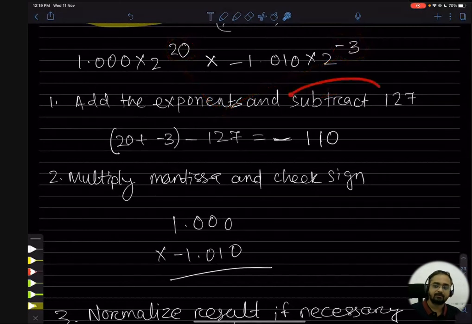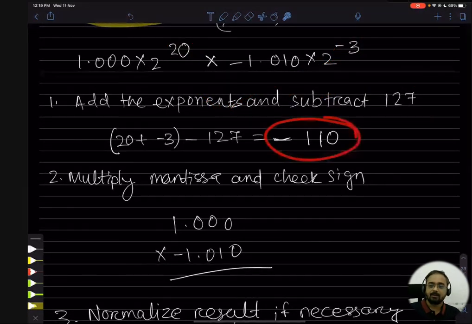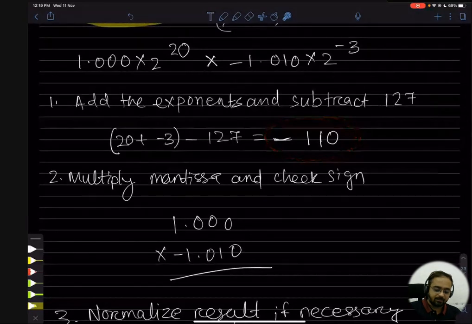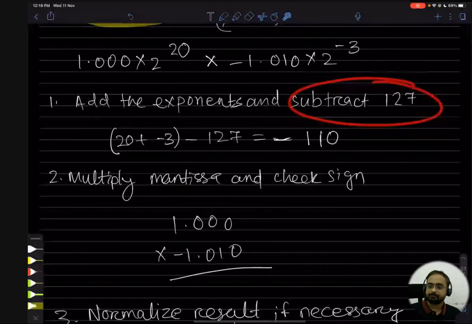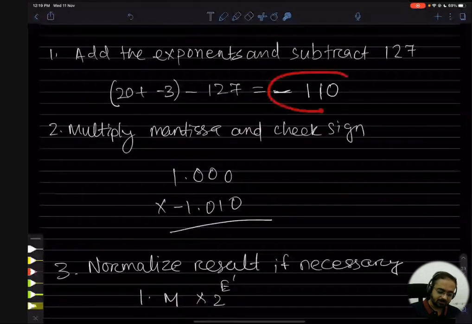So remove 127 from the exponent, so you will get the new e dash, that is minus 110. You understand what is the concept of subtracting 127? Because both formats have 127 inbuilt into them, both are in excess 127 format. So you remove 127 from the result, then you will get the exponent.